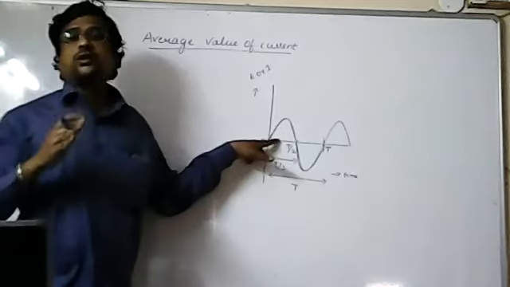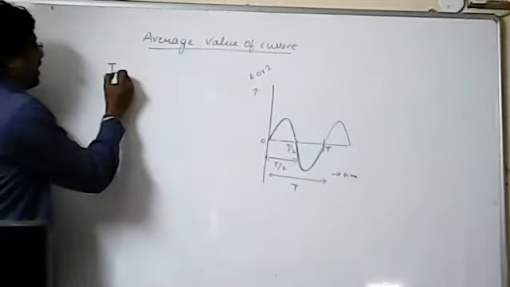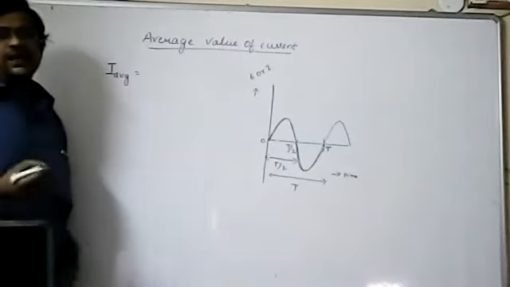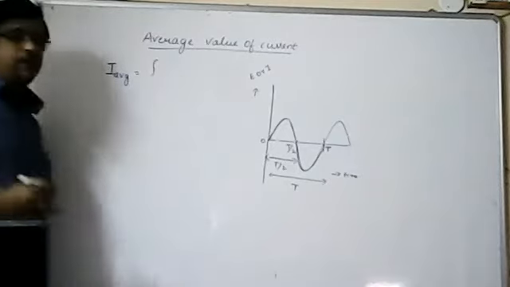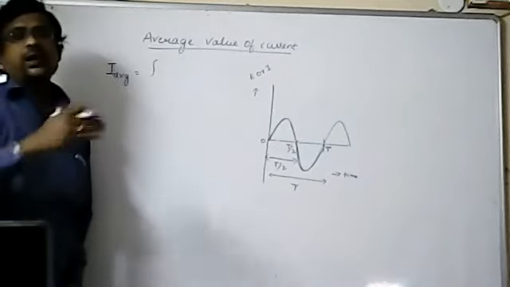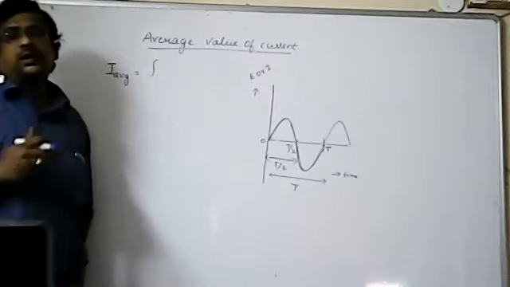Integration is a sort of addition. So I will write it as I average, or we can write it as IDC, anything, I average or IDC is equal to an integral. Why? Because if it is a continuous form, you need to use integration; only in discrete form can I directly add.